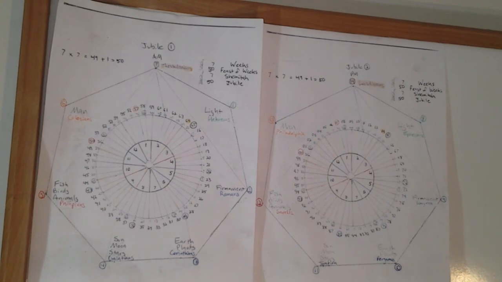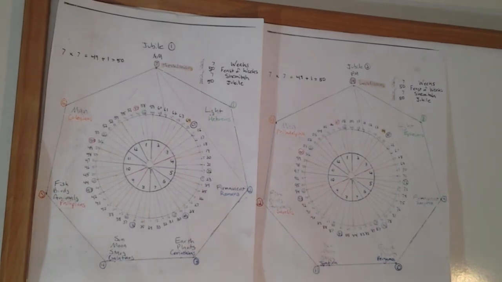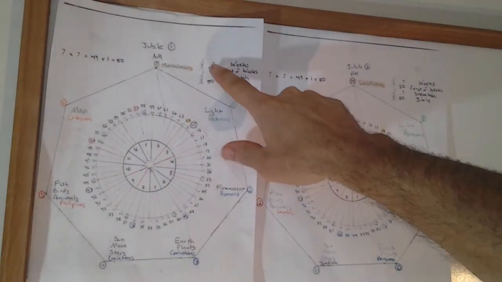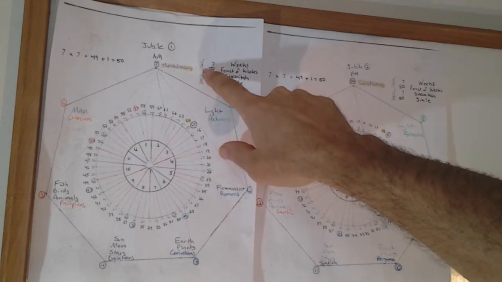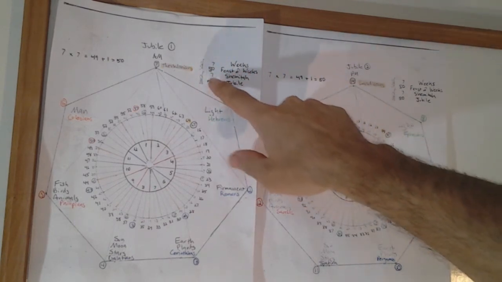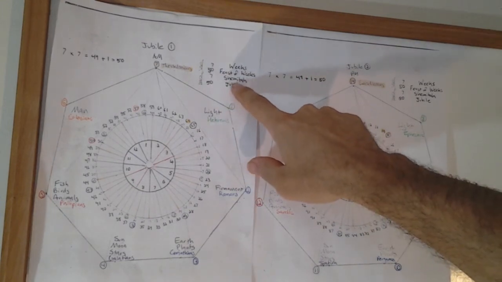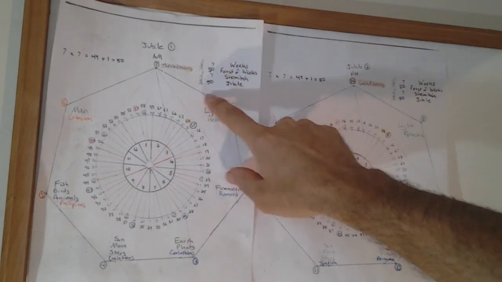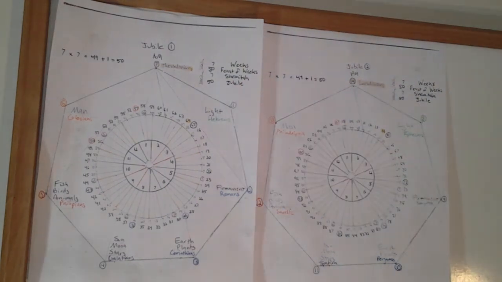Okay, so I know that's a lot of information, but I have a lot of other videos that talk about the same thing. And again, we can see here that you have 7 weeks, and then you have 50, which is the Feast of Weeks. Then you have a cycle of 7 years, or the Shemitah, and then you have the 50 or Jubilee. So these are all consistent cycles of 7 and 50.